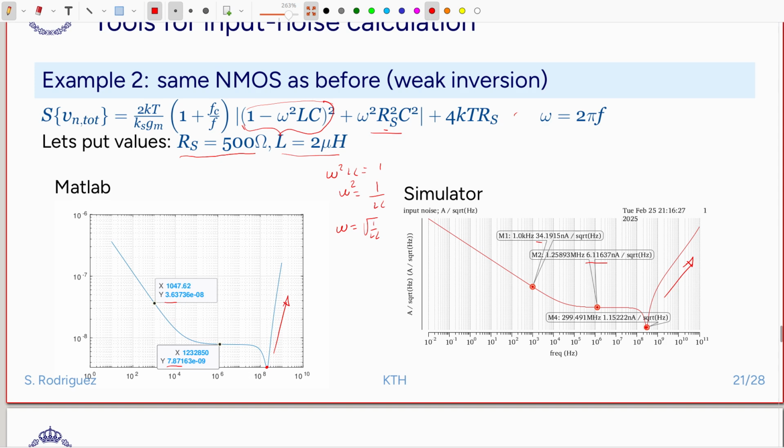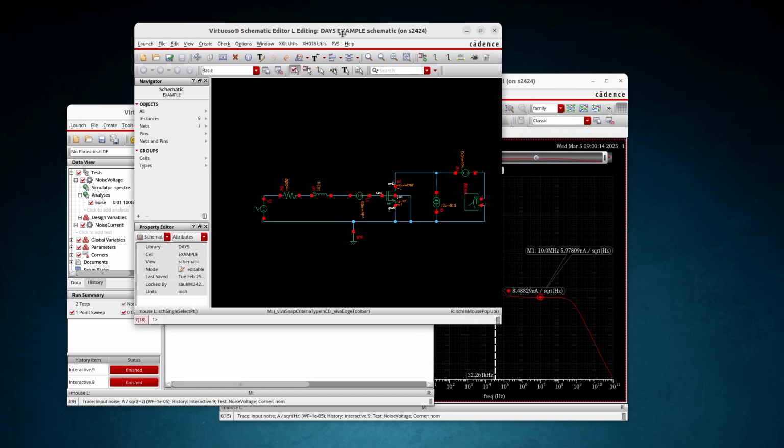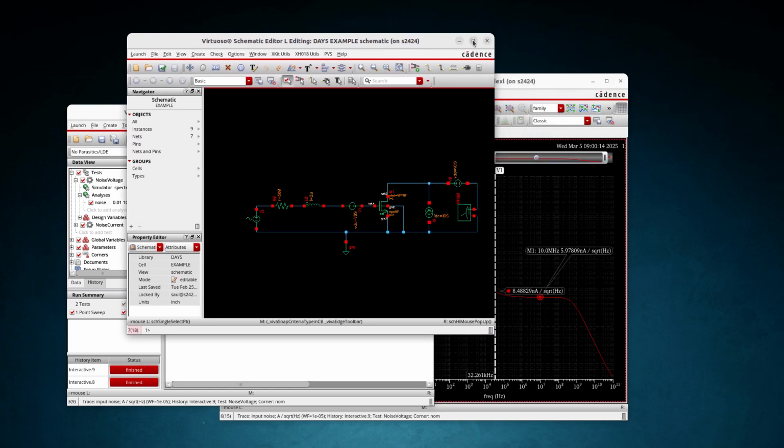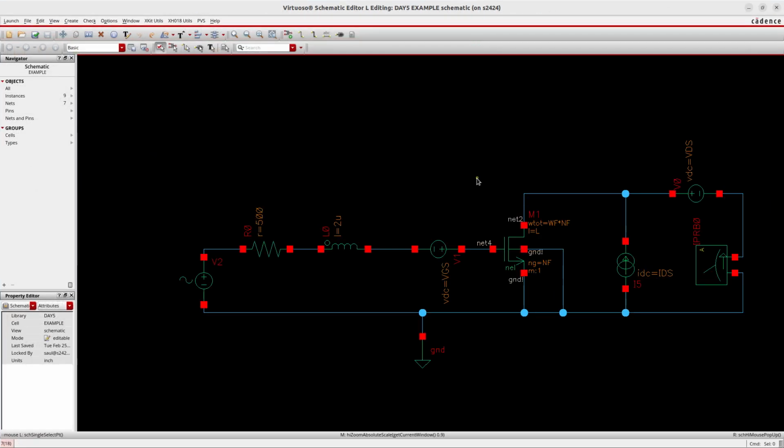Okay, so let's take a look very quickly at the simulation setup of this example. So this is our simulation setup, and basically what we do is exactly the same.